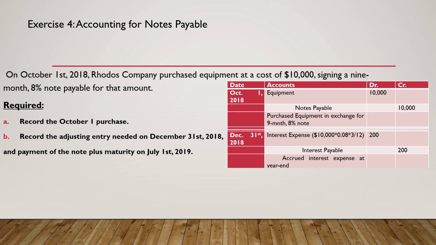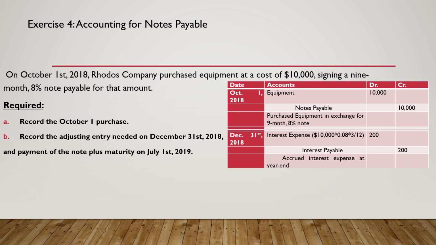How much? It is 200. Just multiply the 10,000, the note, times the 8%, the interest rate, times 3 months over 12, the months of the year. Since I want to calculate only the interest for the last 3 months of 2018.